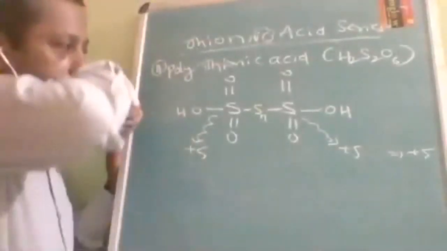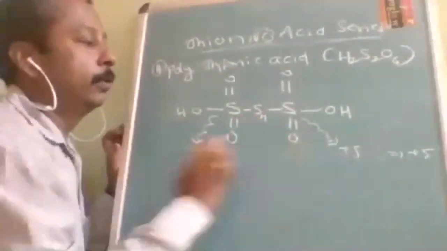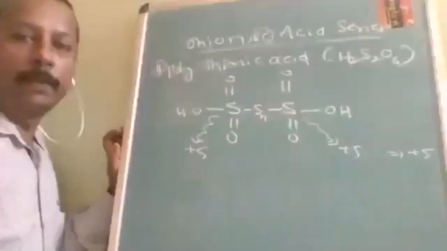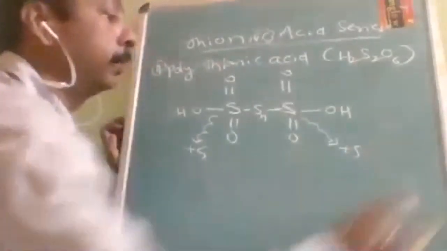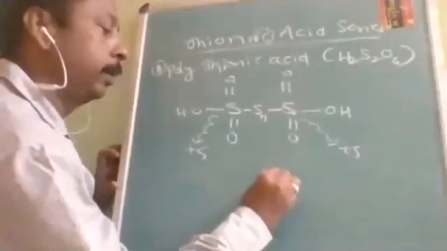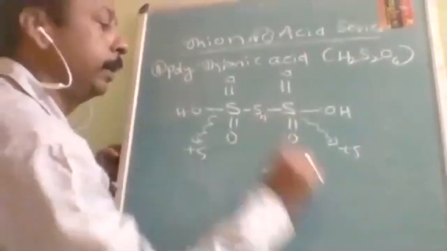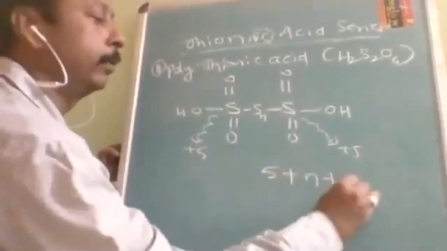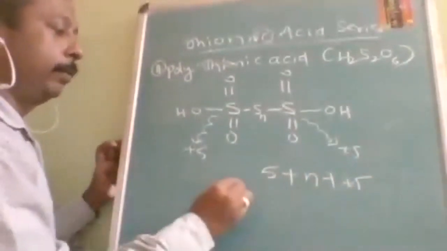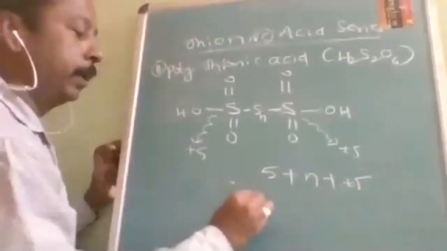Now there is no change in the oxidation number of the terminal ones, but there is going to be a change in the average oxidation number. Here plus 5, n sulfur are there, and here plus 5. So total sulfur are how many? n plus 2.